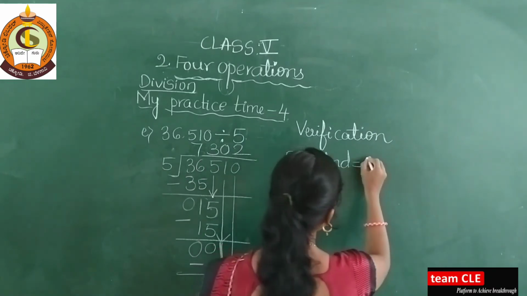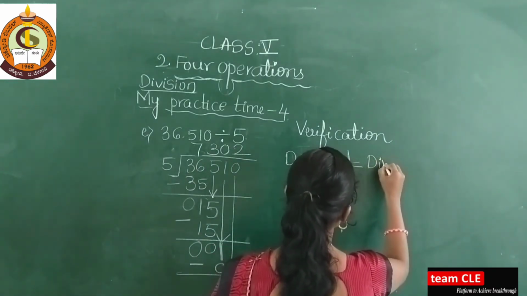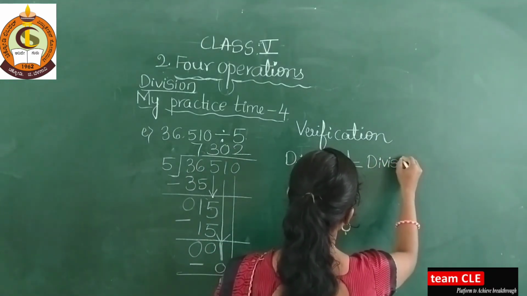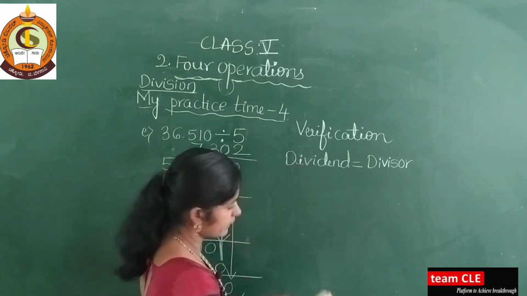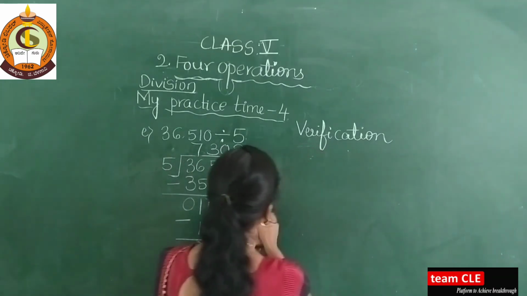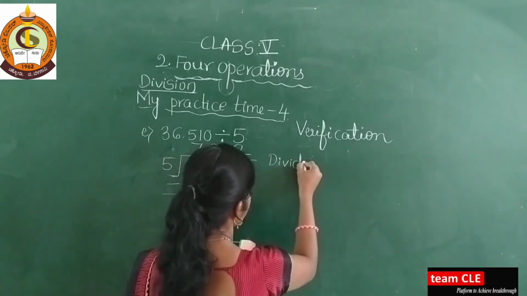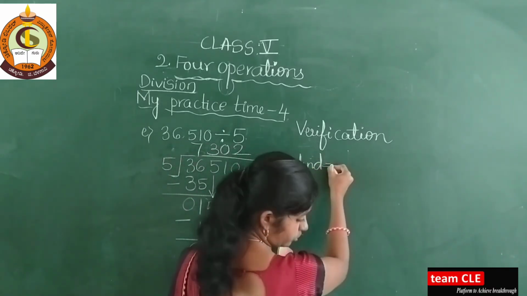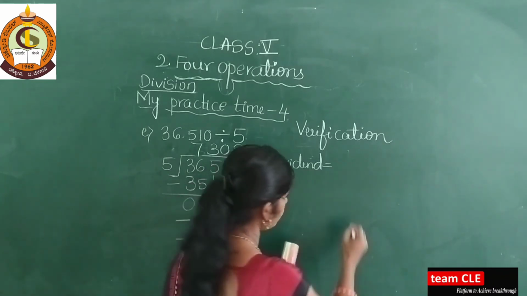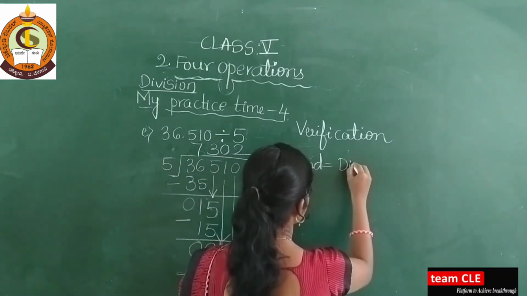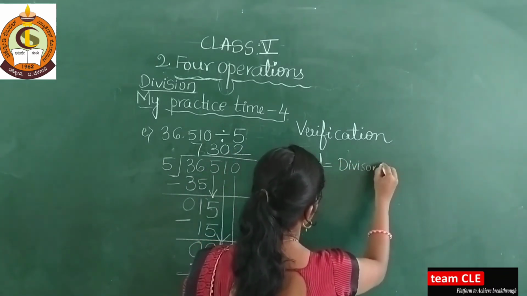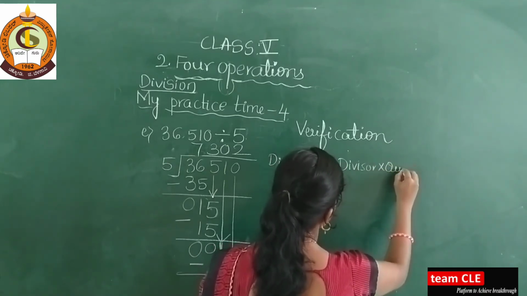I have to write it here with small handwriting: dividend is equal to divisor into quotient.